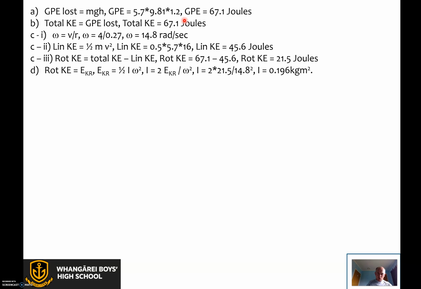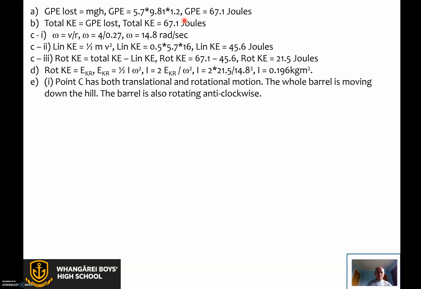Divide both sides by omega squared, and we've got I by itself. I is equal to 2 times 21.5, 43, divided by 14.8 squared, and that's a smudge over 200. So 43 divided by a bit over 200 should be a bit less than 0.2, and that looks good to me, and the book gives me 0.2 kg m squared.